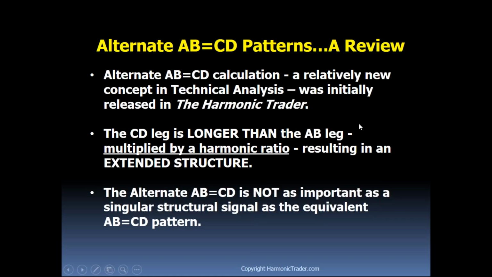Alternate ABCD patterns are longer than the normal equivalent version, and they're multiplied by a harmonic ratio. This results in a harmonic structure that can be applied to bat patterns when the equivalent ABCD doesn't line up. Now, the alternate AB equals CD is not as important as the singular equivalent structure, that singular AB equals CD, but when we look at patterns such as the bat, we'll see how effective it is in complementing and defining the potential reversal zone.